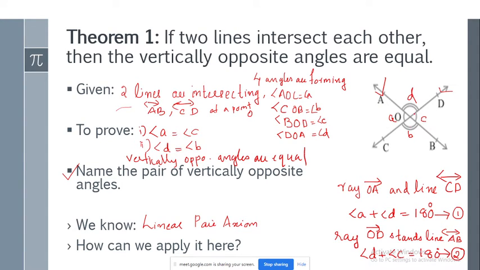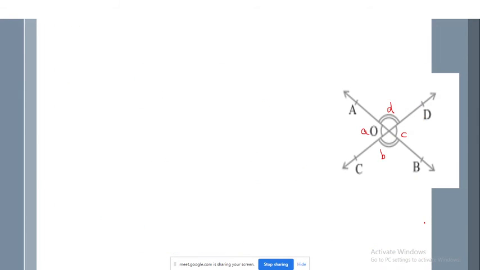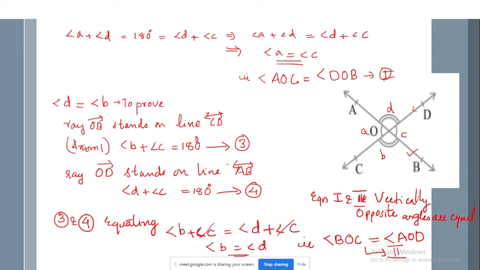Similarly, we took the ray OD and considered the line AB, and got two linear pair angles, angle D and angle C. Their sum will be 180 degrees by axiom 1. Then by equating equation 1 and 2, we got angle A is equal to angle C.